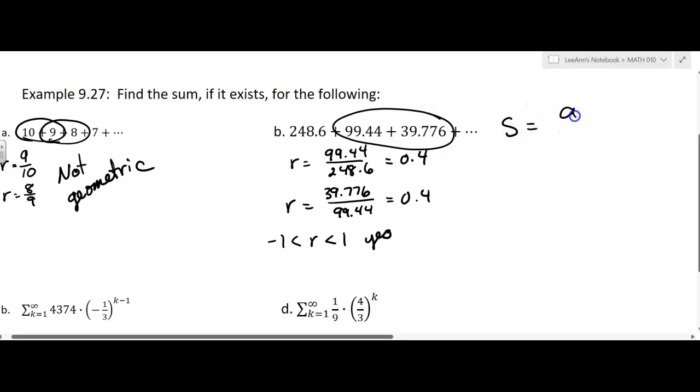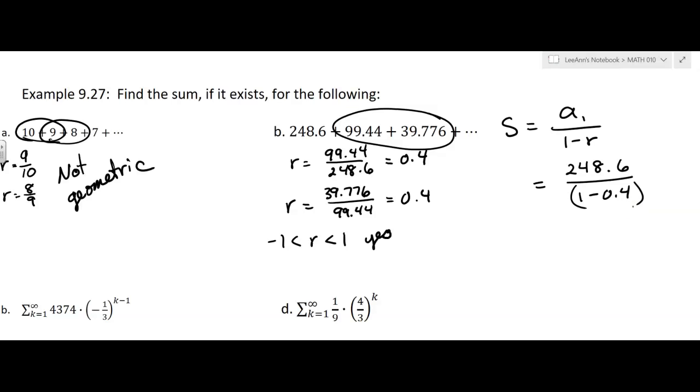S equals a sub 1 over 1 minus r. And a sub 1 was 248.6 divided by 1 minus 0.4. And we'll go ahead and just practice putting this in the calculator. So it's a smaller formula.